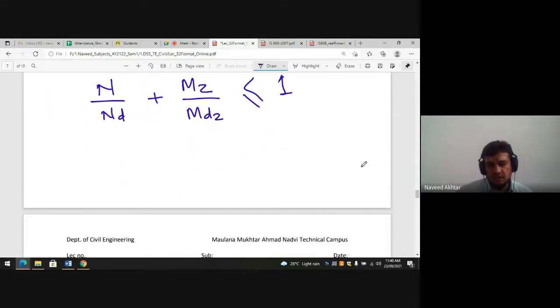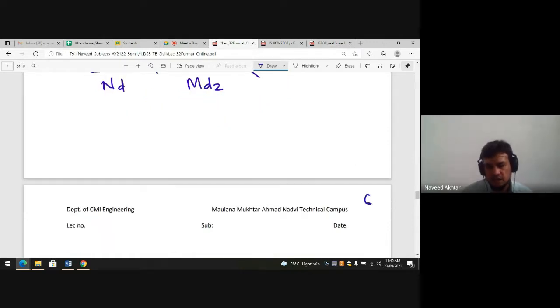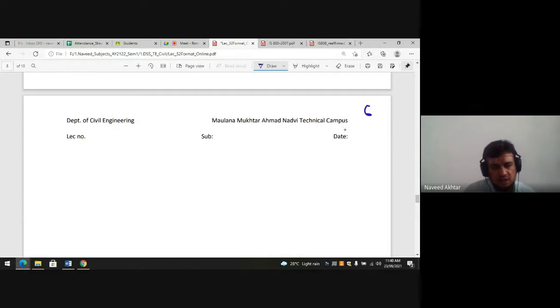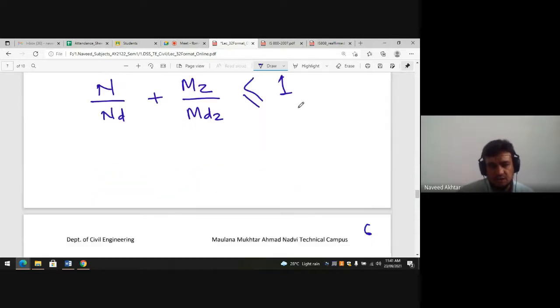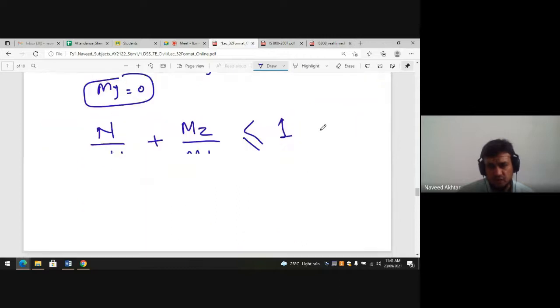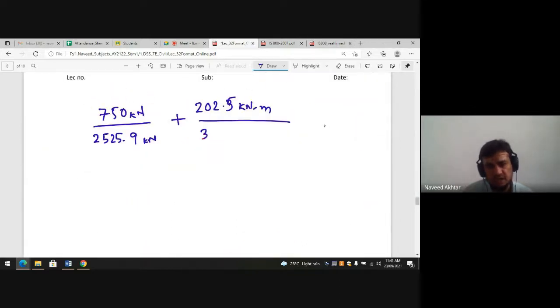So N upon ND. You see the N value is the given load, 750 kilonewton, divided by ND, which is 2525.91 kilonewton, plus MZ, which you found is 202.5 kilonewton meter, and MDZ, which we just found, is 396.47, also in kilonewton meter.